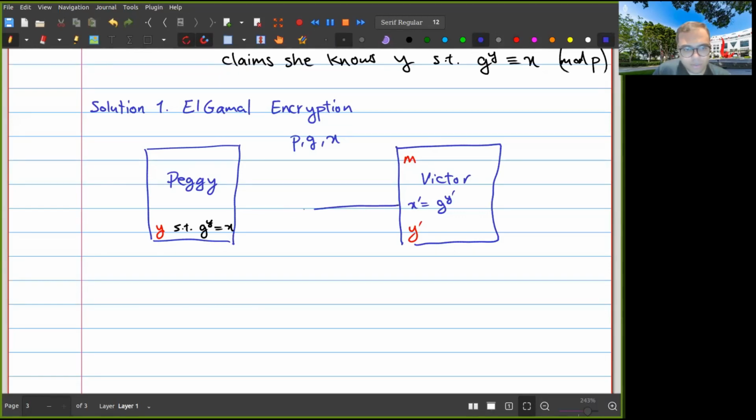And what did he send to Peggy in El-Gamal? Well, we want to first do the Diffie-Hellman key exchange.